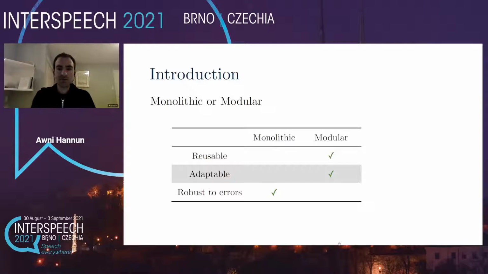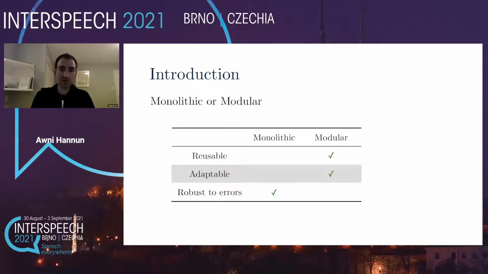First, though, let's talk about what is good and what is bad about monolithic and modular. In traditional software, modular is good because modular systems have reusable components, right? If you build a module, you can use it in lots of different places. In speech recognition, an example of this would be a language model.